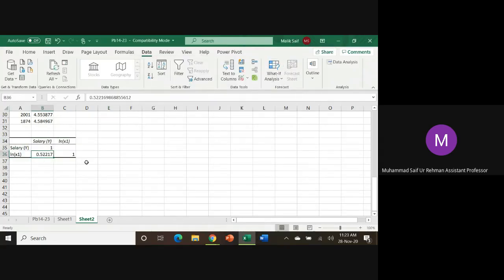See, it is 0.52217, slightly better than the previous result. In the previous case, it was 0.50.